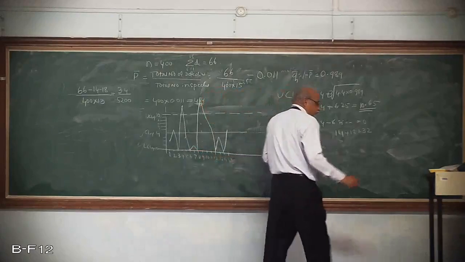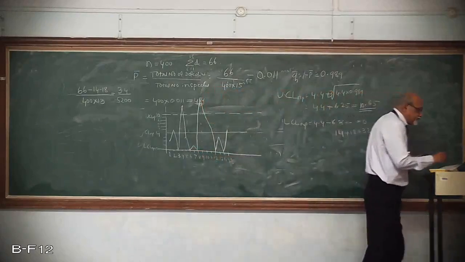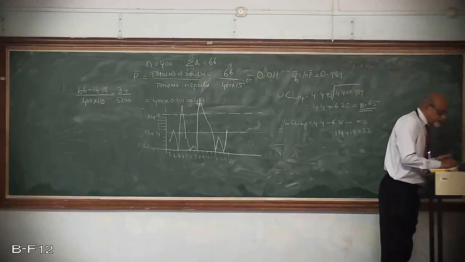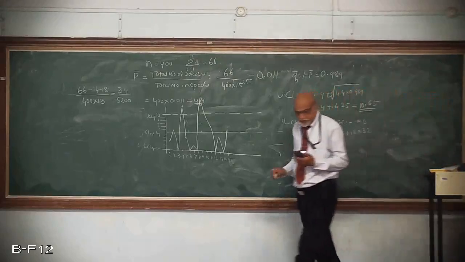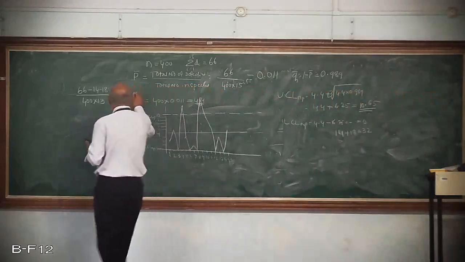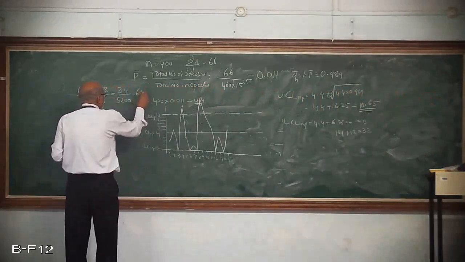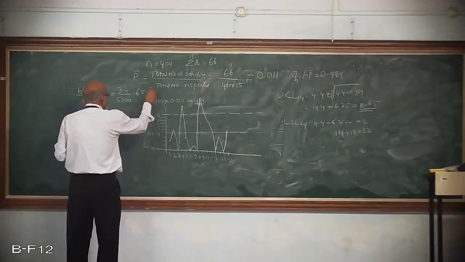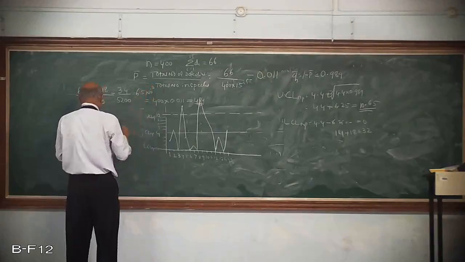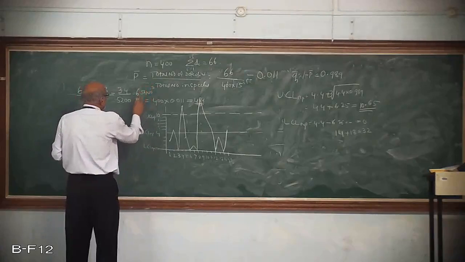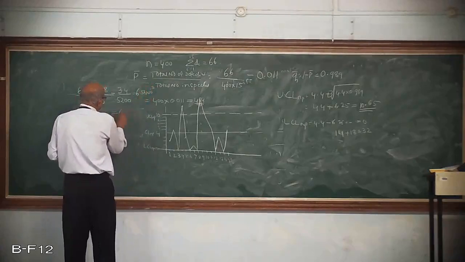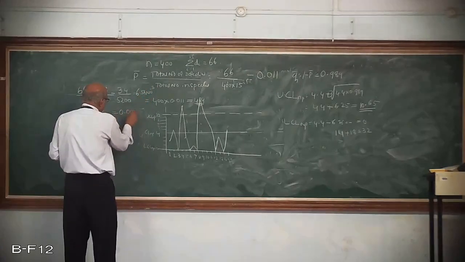This works out to be 6.5 into 10 to the power minus 3, or if I take it to 6.54, I can say this is equal to 0.00654.